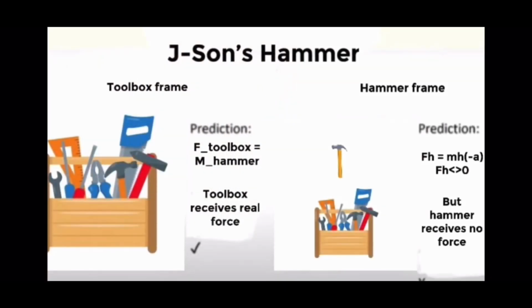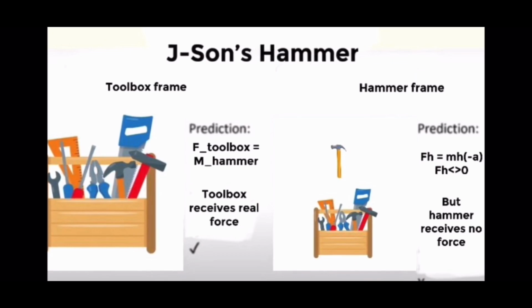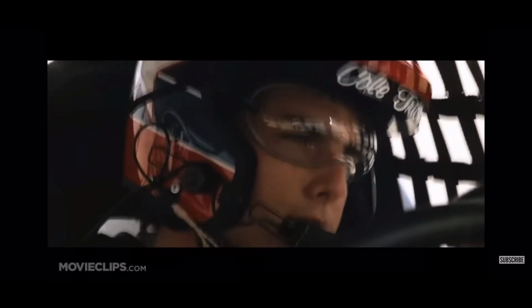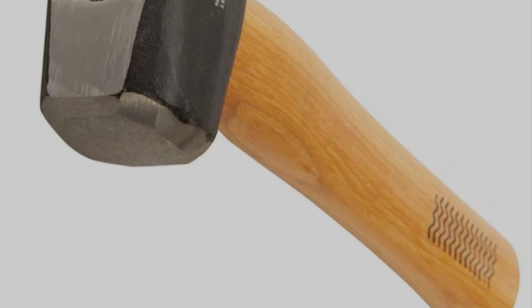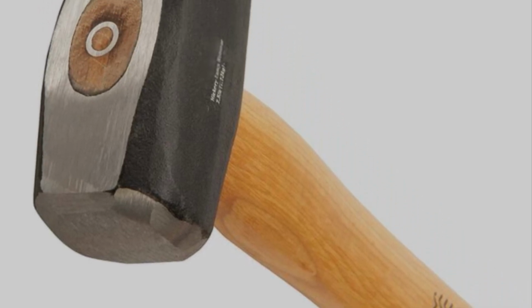Now I tried to update this experiment by doing something a little more familiar. Bennett's hiker is named after him, so I'm going to call this Jason's hammer. First of all, we have the hammer frame, which is the inertial frame.